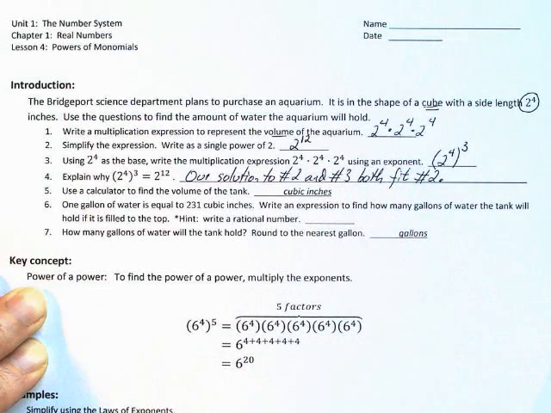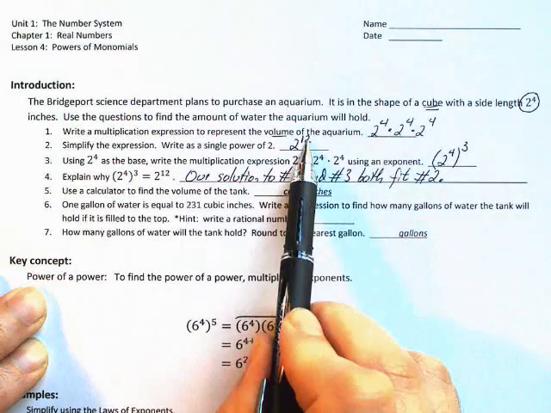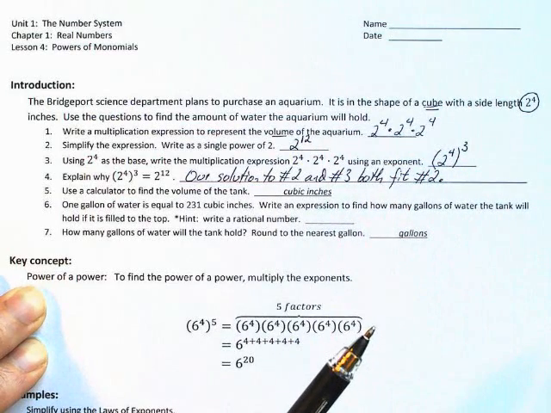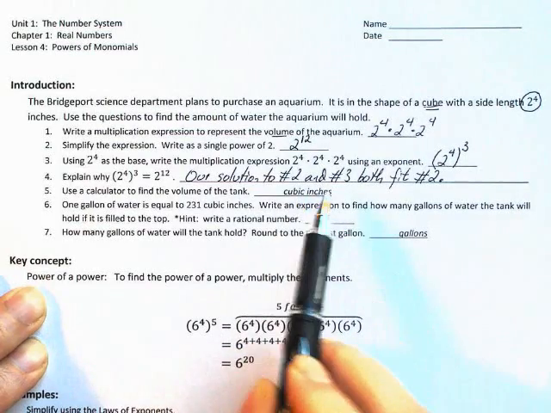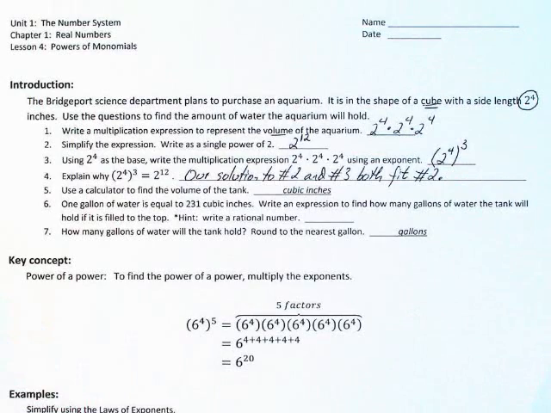Okay. Now problem 5. Use a calculator to find the actual volume of the tank. We have all of these different expressions that represent the volume of the tank, but then as an actual number, how many cubic inches of space or of water actually fit in that aquarium? So let's get a calculator and find that out.